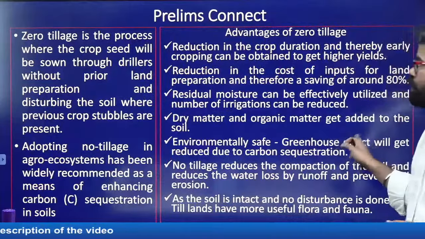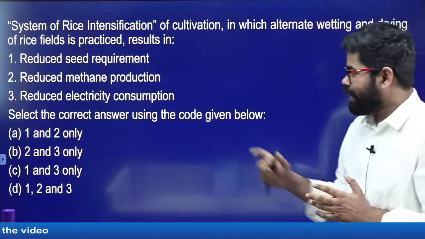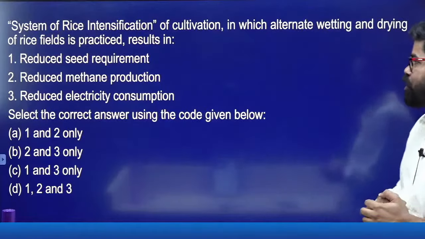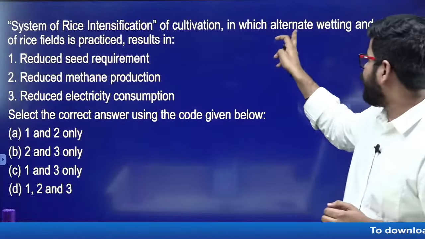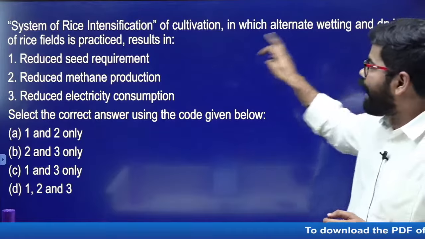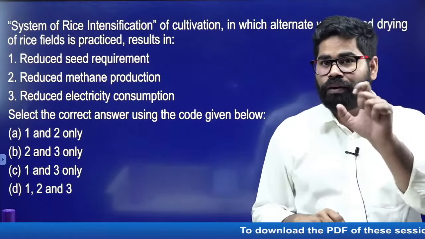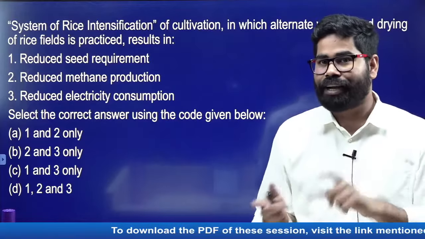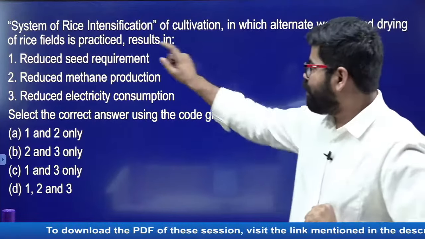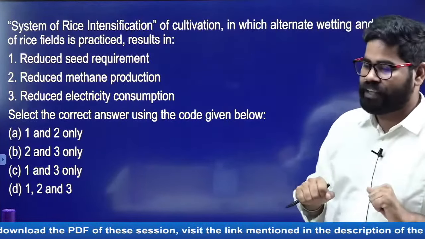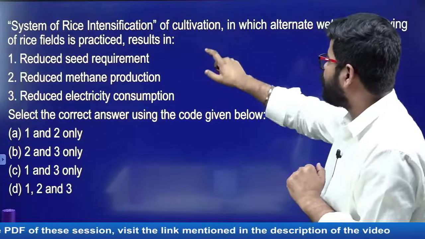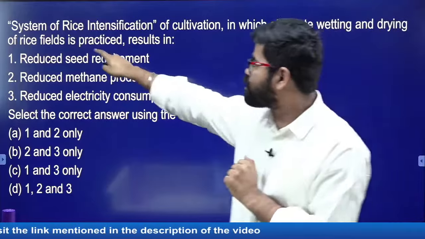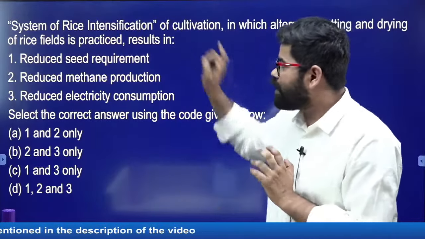So this is our zero tillage. There is one more question: system of rice intensification of cultivation in which alternate wetting and drying of rice field is practiced results in.